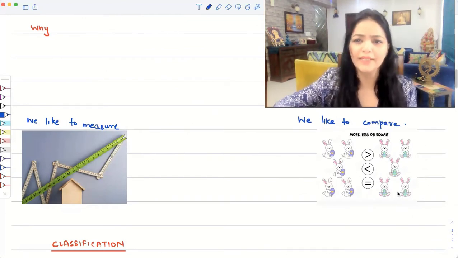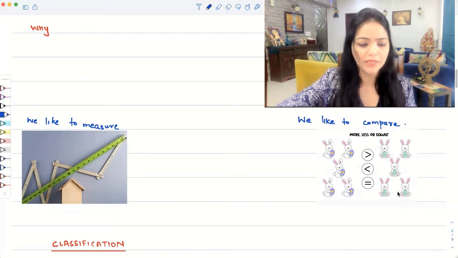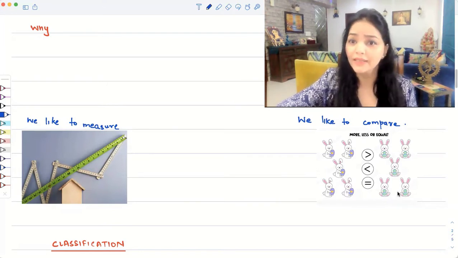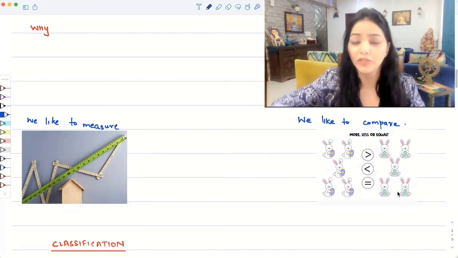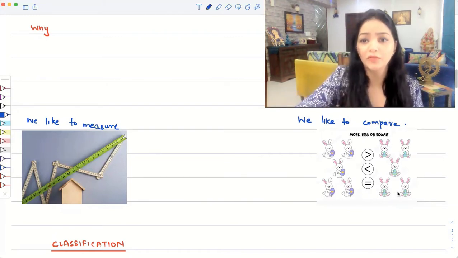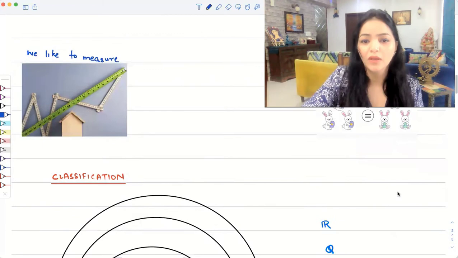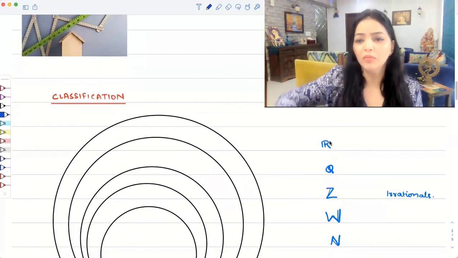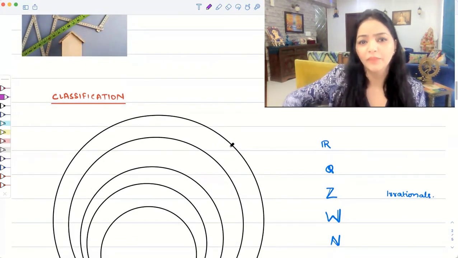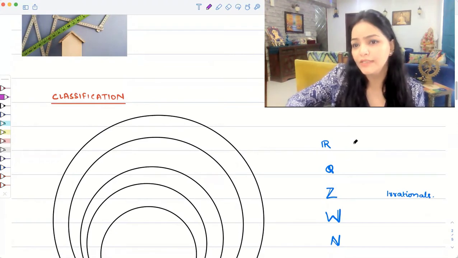When I say let's classify real numbers, that means we will talk in detail about what makes the set of real numbers. As you can see, I've written some symbols here. This symbol stands for real numbers.